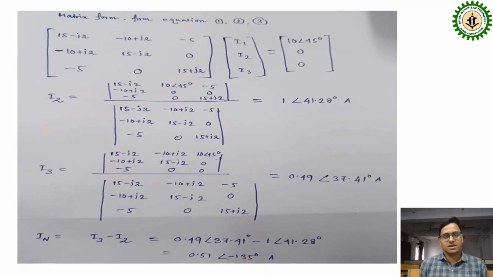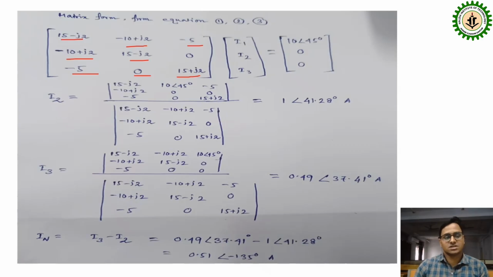Similarly, as previous, again you need to write these three equations in matrix form. So from equation 1, (15 minus J2) I1, minus (10 plus J2) I2, minus 5 into I3. Similarly, from equation 2, minus (10 plus J2) I1, (15 minus J2) I2, 0 into I3. From equation 3, minus 5 I1, the I2 part is not there, that's why I have written 0, and (15 plus J2) I3.